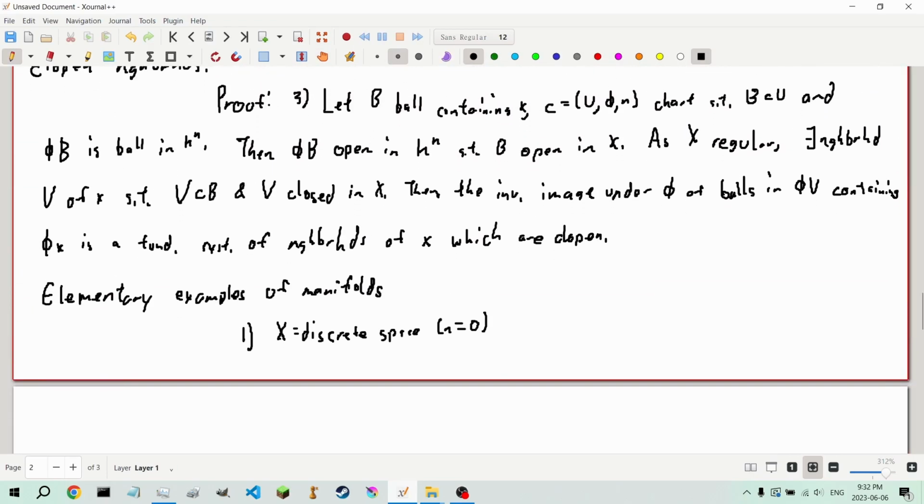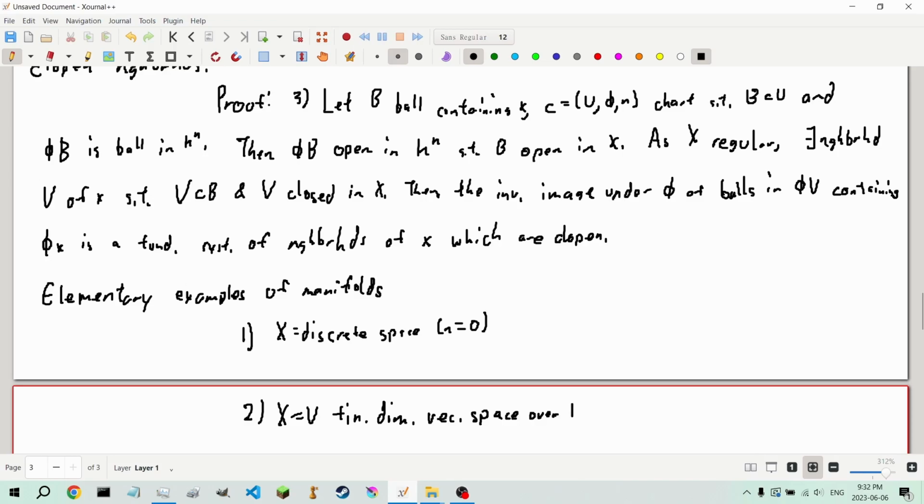Secondly, we have X being V, where V is a finite dimensional vector space over K, with the K dimension of V being n.